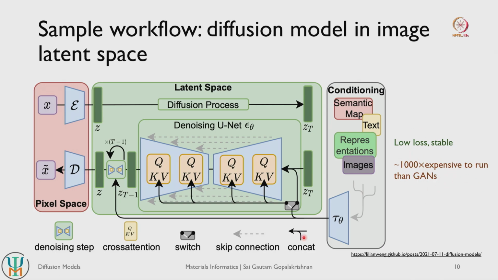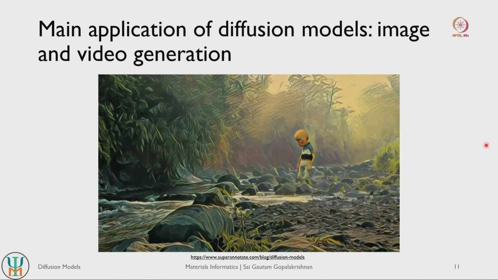So diffusion models are generally more expensive, but they have low loss and are quite stable in how they run. Diffusion models are quite popular in both image and video generation, and these are the models powering all of your AI tools that generate videos, images and so on. This is an example of a completely AI generated image here.